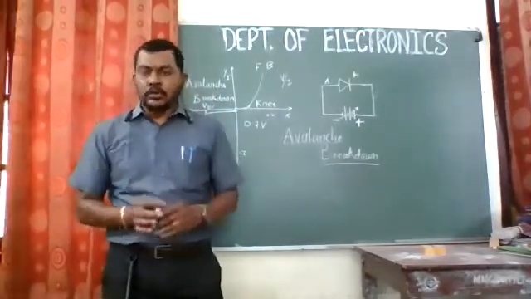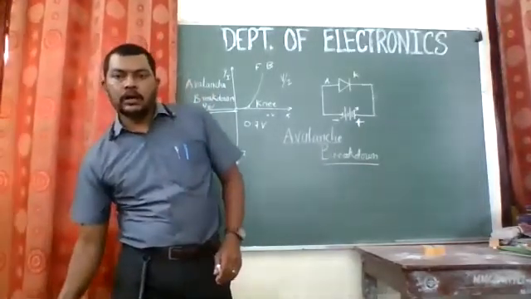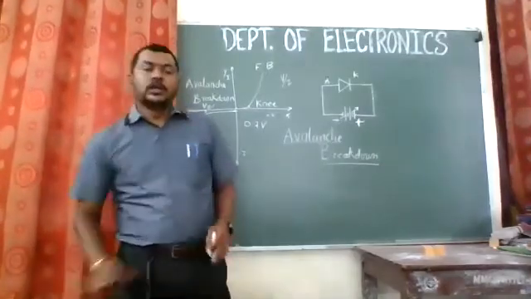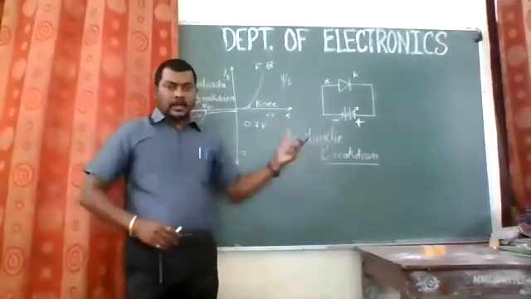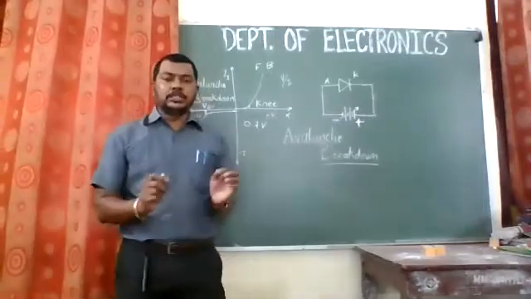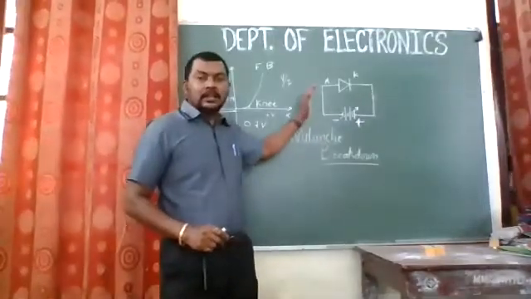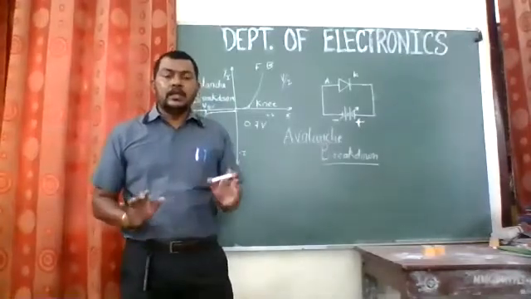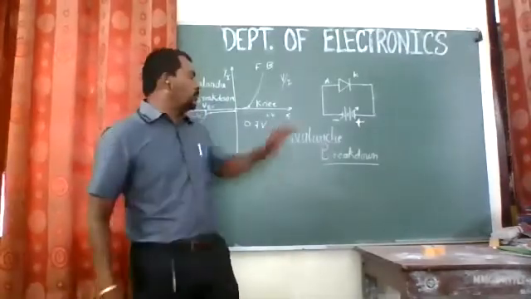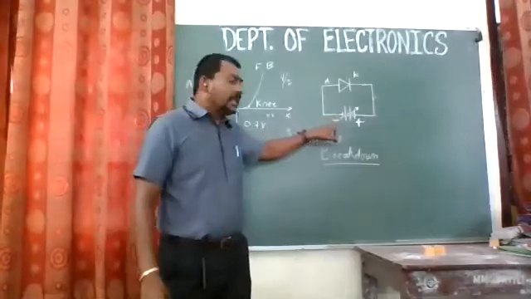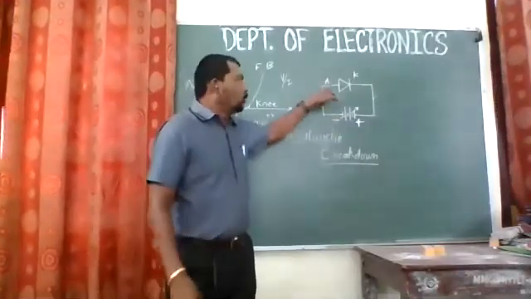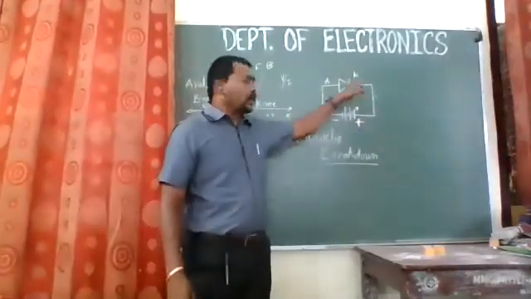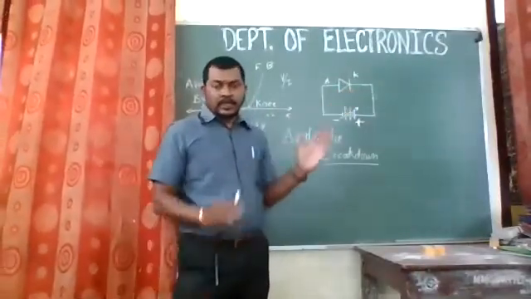Actually, it occurs in reverse bias condition. When a simple PN junction diode is connected in reverse bias, what do we do? We connect the negative terminal of the battery to the anode and the positive terminal of the battery to the cathode, right?